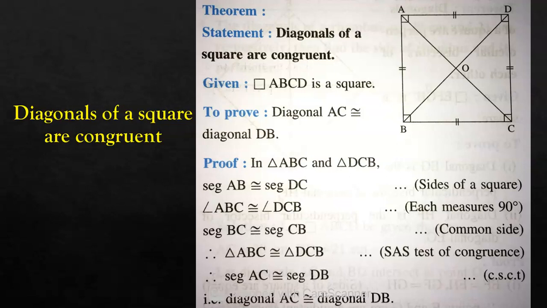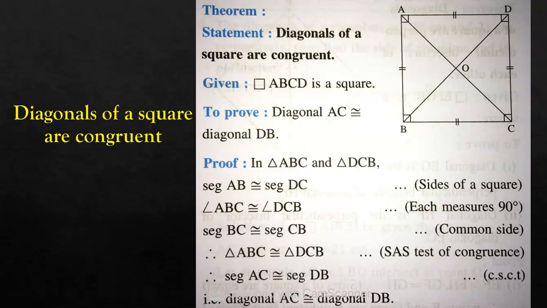Angle ABC is congruent to angle DCB. Both measure 90 degrees. Segment BC congruent to segment CB, common side. Therefore, we have triangle ABC congruent to triangle DCB by SAS test of congruence.